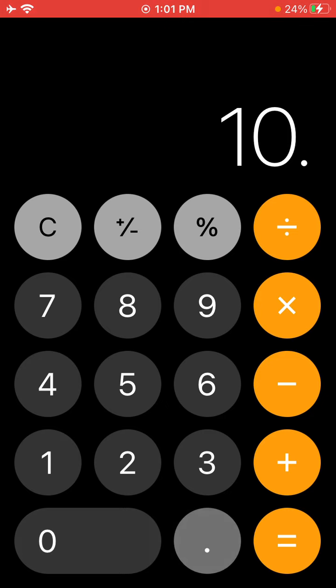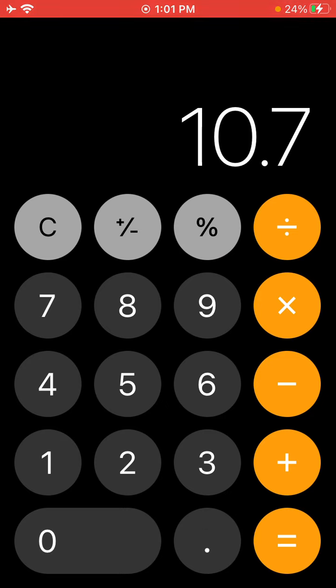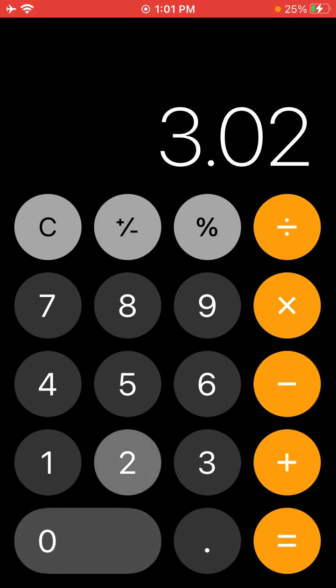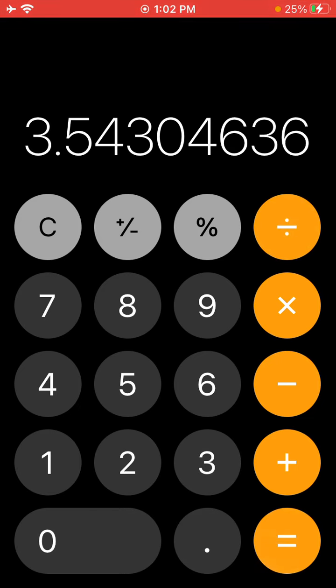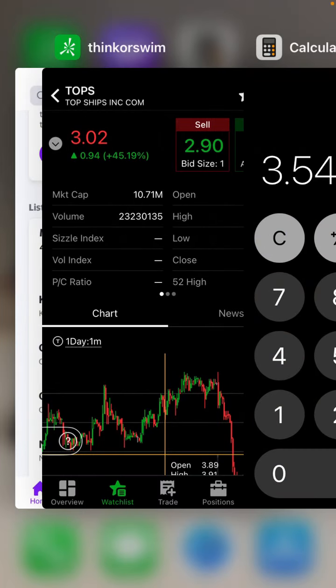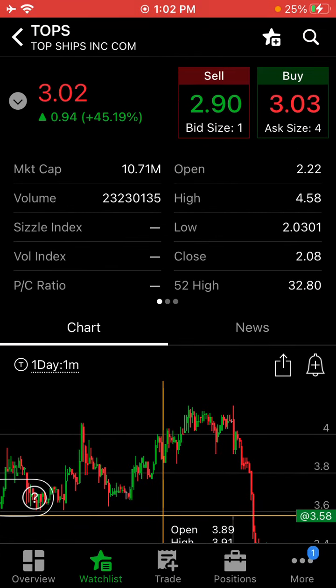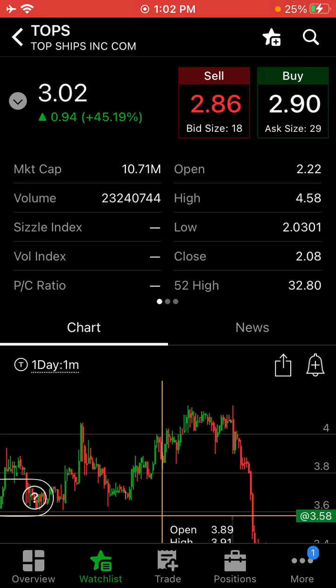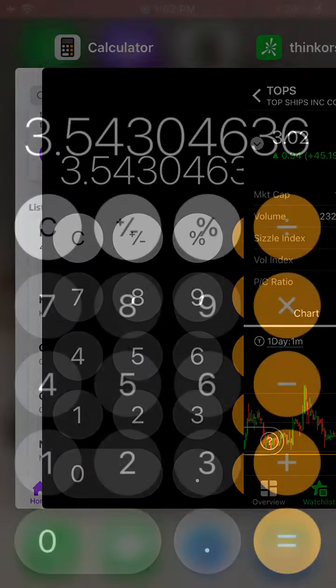So the market cap is, we said, 10.7, divided by 3.02 equals, I'll say 3.5 approximately. So then what this means is that the shares outstanding are 3.5 million.